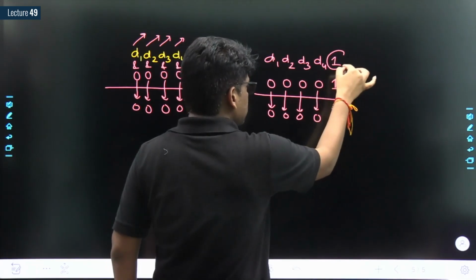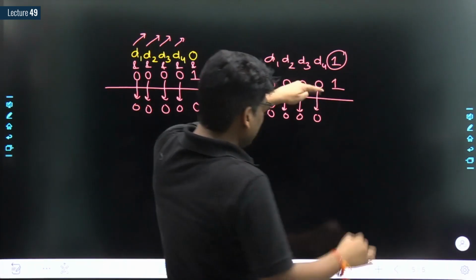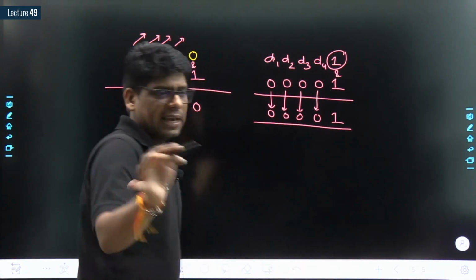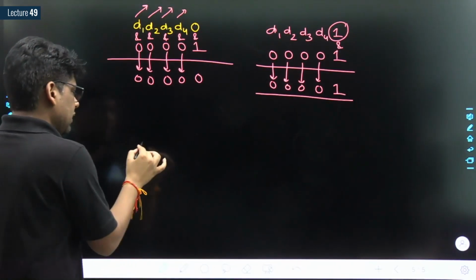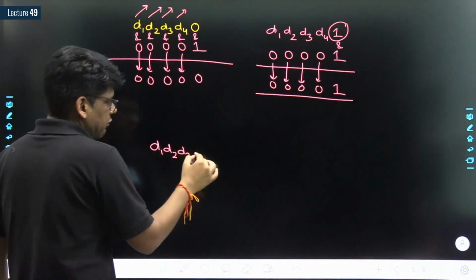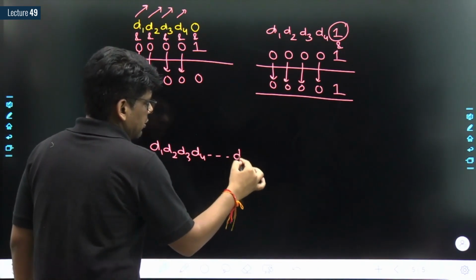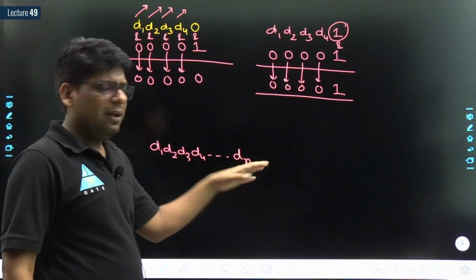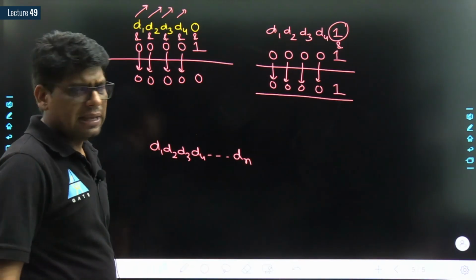But because of this last bit, when 1 is ANDed with 1, we get a 1. That means I am saying something like this: take any number, and let us suppose I am counting from here, or you could write dn and something like that.